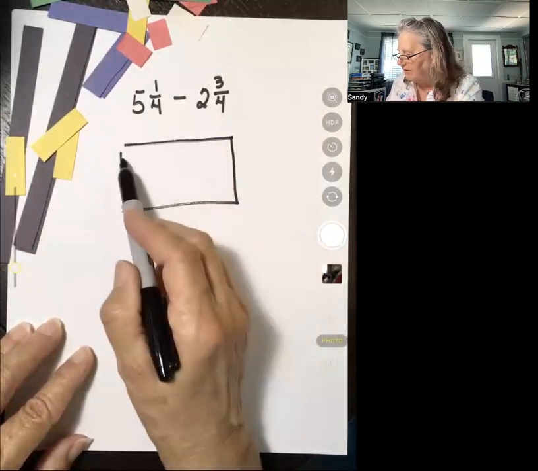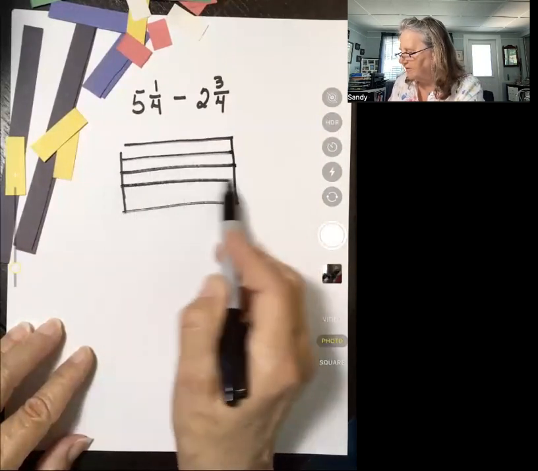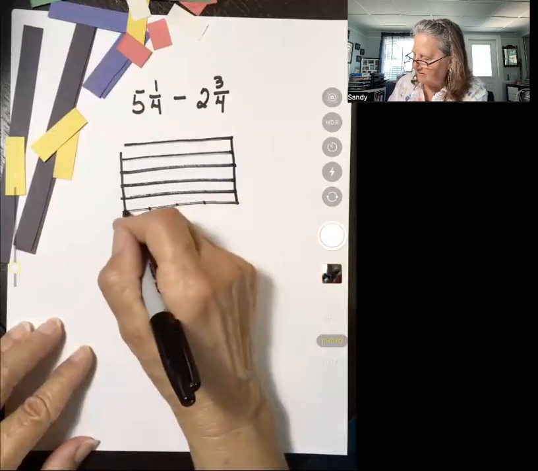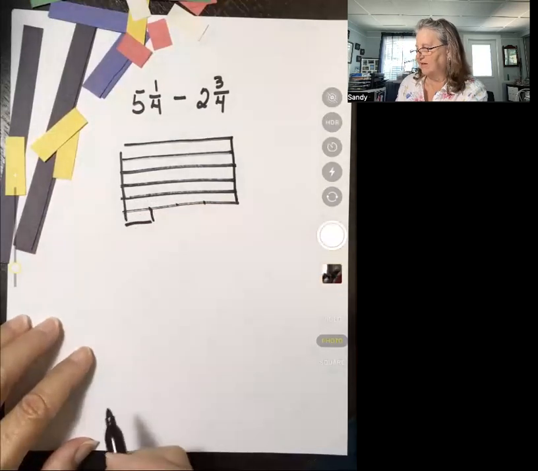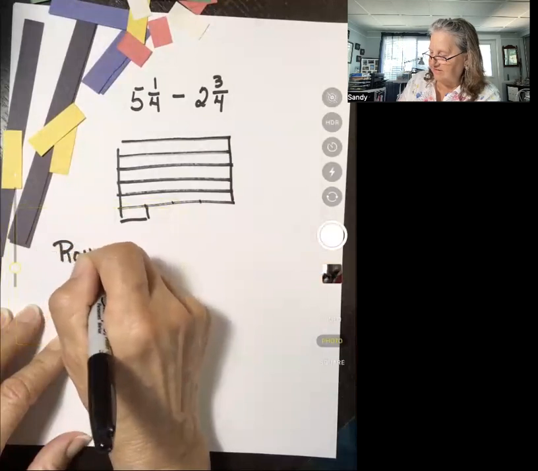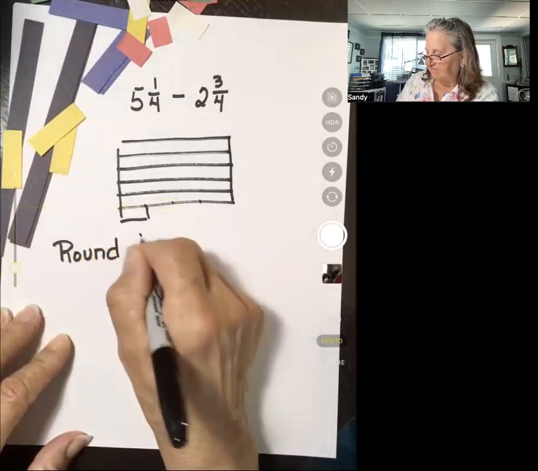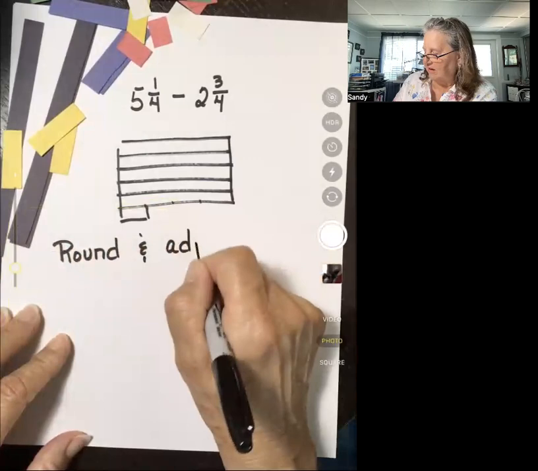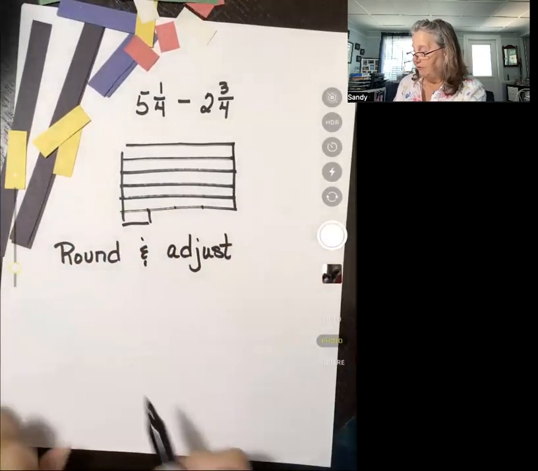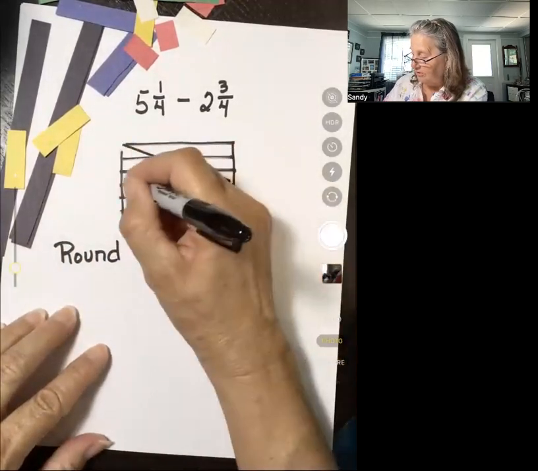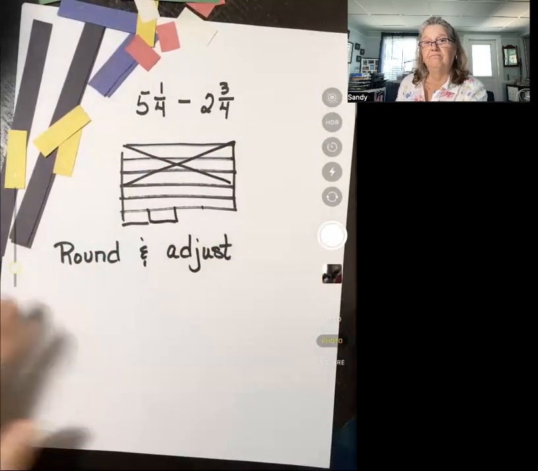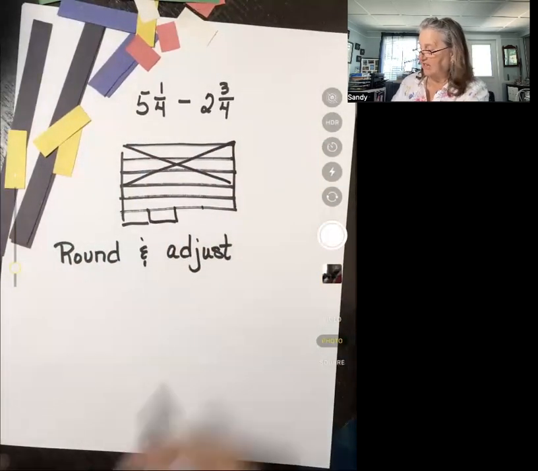I'm going to start with my 5 holes. And I have a 1/4 piece. And we're going to look at the strategy called round and adjust. See, one way to remove 2 3/4 is to remove 3 holes and give 1/4 back. Right? I round, I think of this as 3 holes.